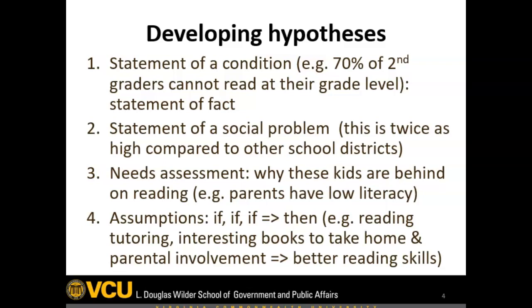The activities could include arranging one-on-one tutoring in reading, distribution of age-appropriate and engaging books that the kids could take home, funding and hiring experienced reading specialists for each school, and working with parents to get them more engaged in supporting their kids reading at home.